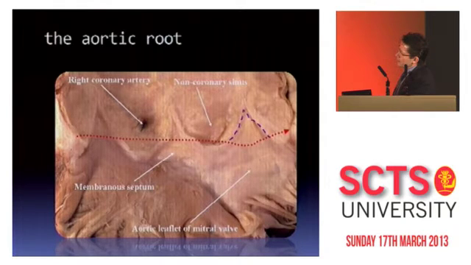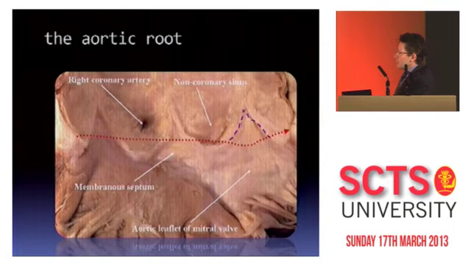So keep in mind then, this is the ventricle, this is the aorta, but there is ventricular tissue that extends into the lower parts of the sinuses for the right and for the left coronary, but not for the non-coronary. I'll explain that shortly.